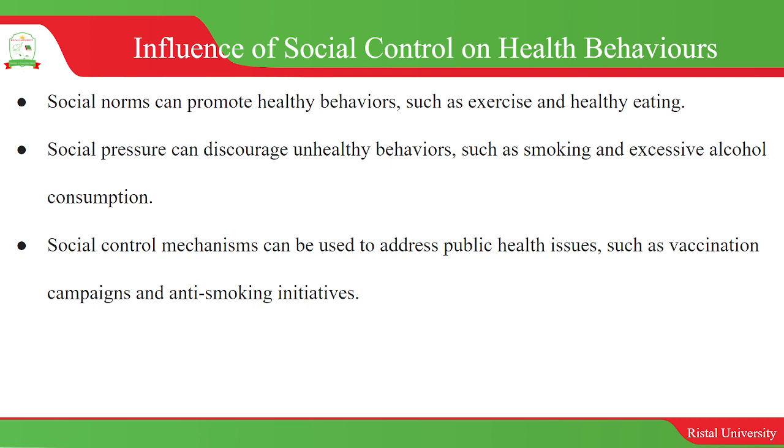You cannot design a public health intervention to address the problem of female genital mutilation if you don't understand the underlying social norms, practices and social controls associated with it. So that is why it is very important for us to understand these things.